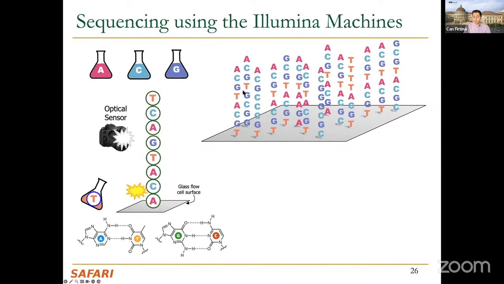If there is no such bond, for example in the middle, these bases cannot bind there, but bind somewhere that there is this particular bond. And as soon as this T is bound here, this particular bond is washed away, and for the next cycle it binds to the next base, so that now we can sequence this next base in the DNA sequencing.